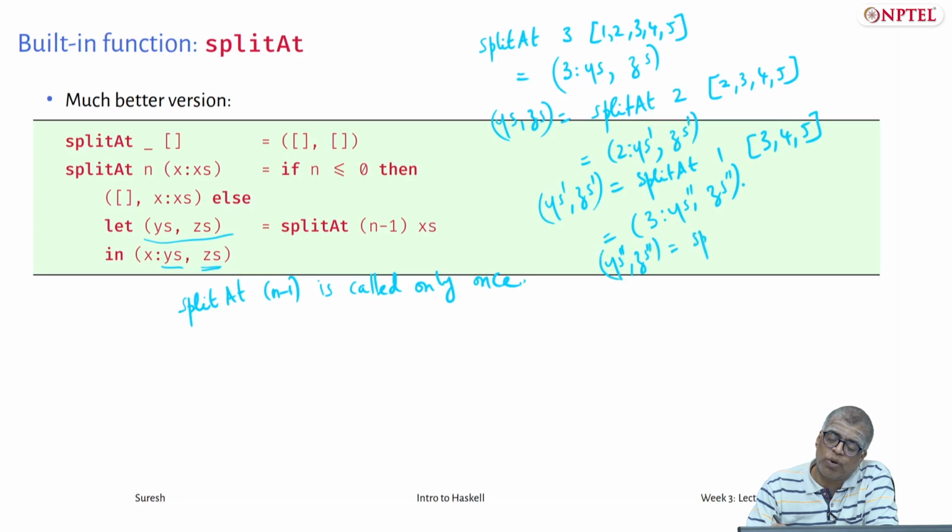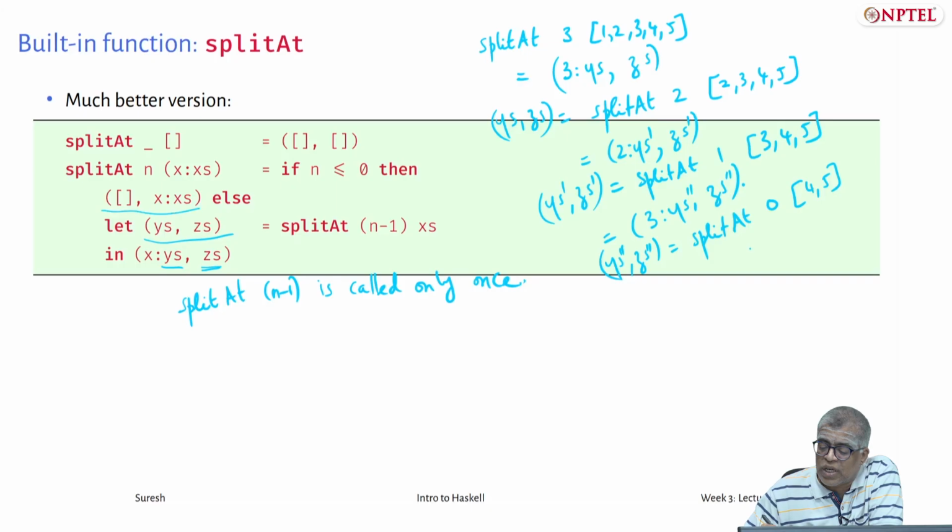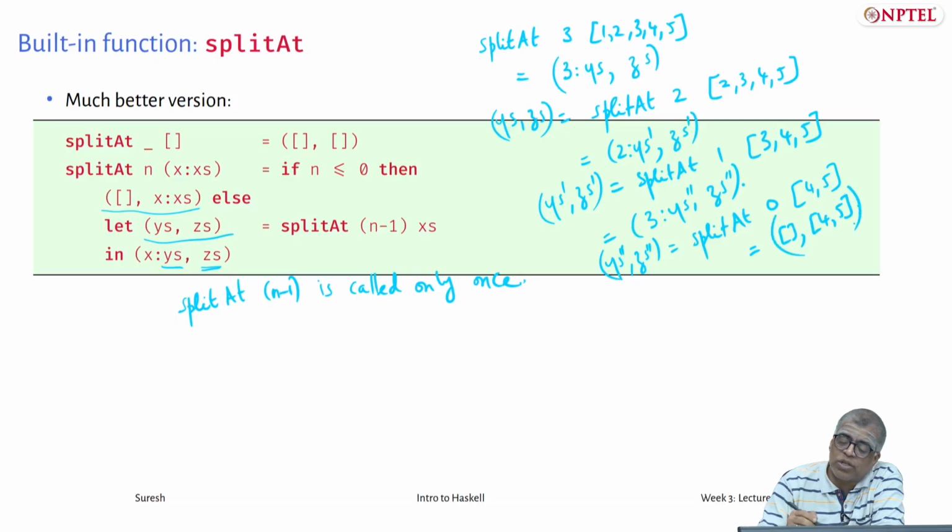Is split at 0 of 4, 5. But this we know, we have a direct definition for this, which is this. So we will just say that this is nothing but empty list, comma 4, 5. And now we just need to substitute back.